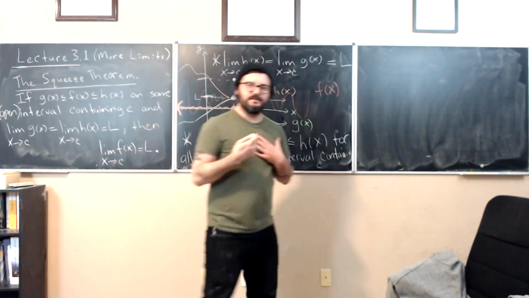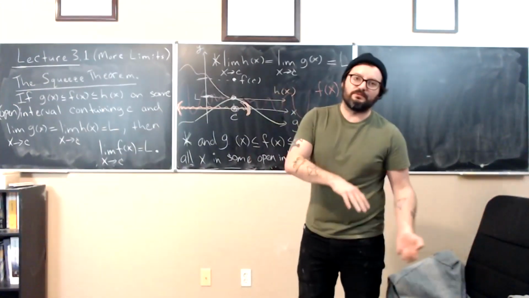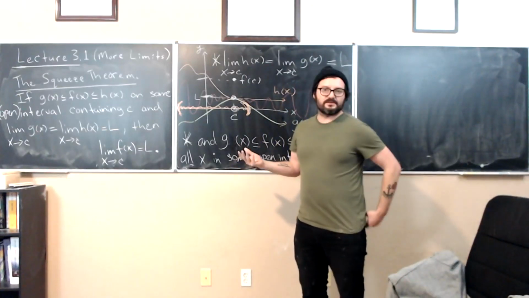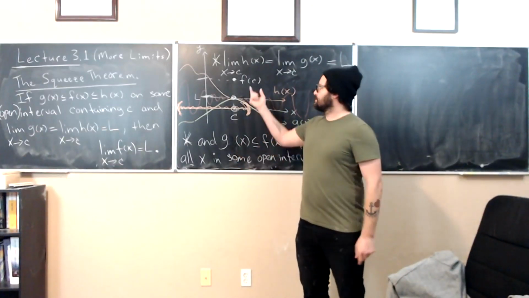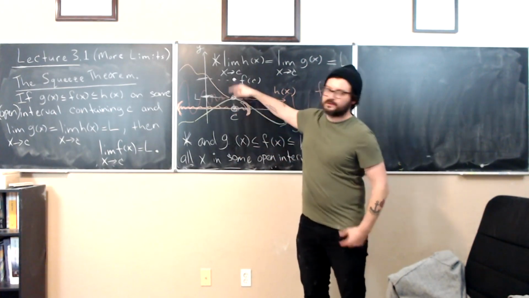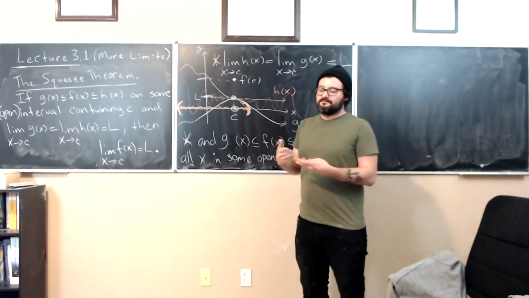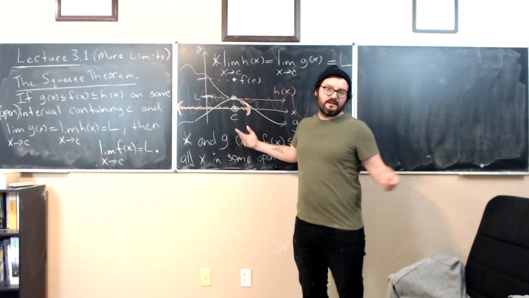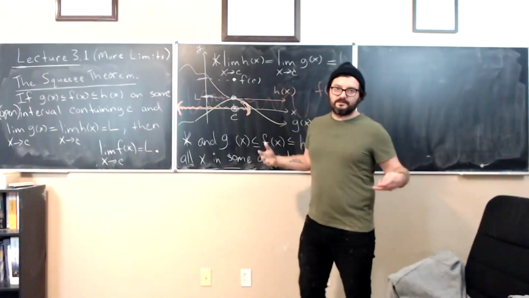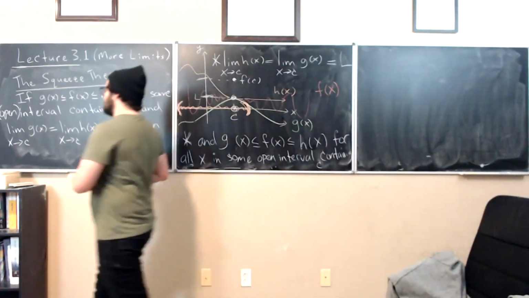But it doesn't matter if it differs at one point because of what we learned 30 minutes ago. If this is different from the typical behavior at only one point, x equals c, it's not going to matter as that function tends towards that value.